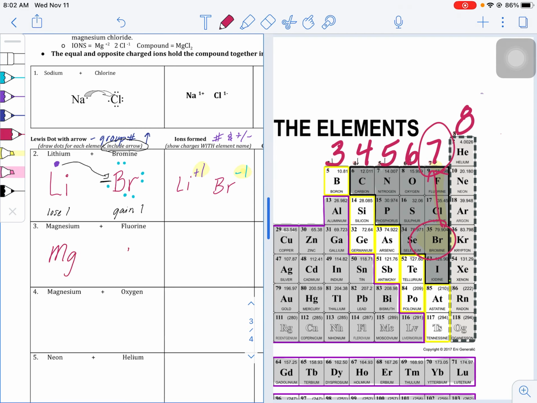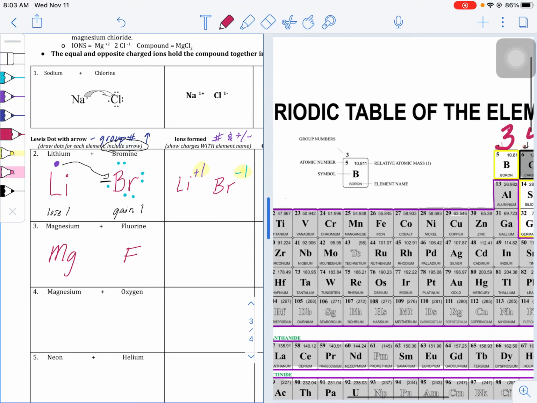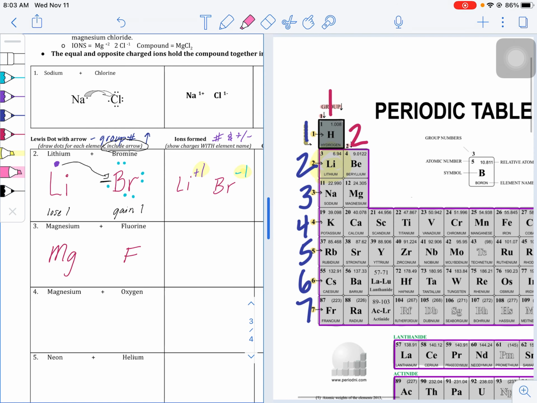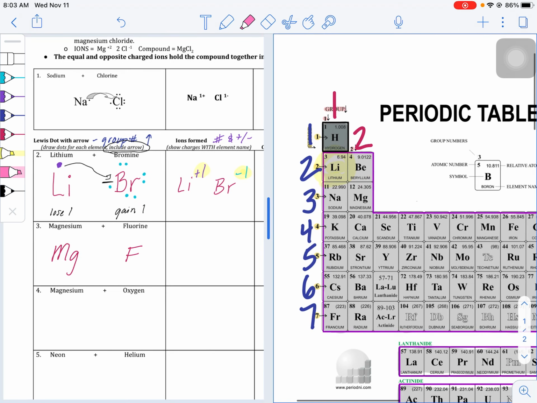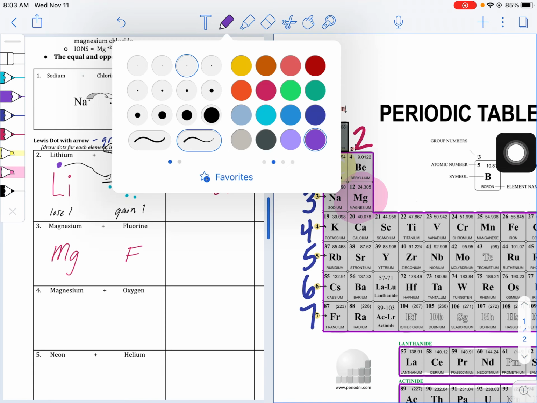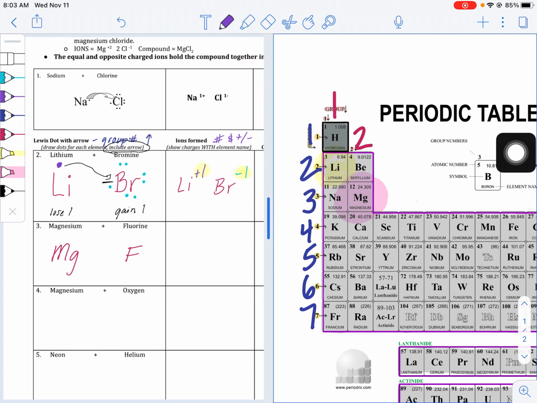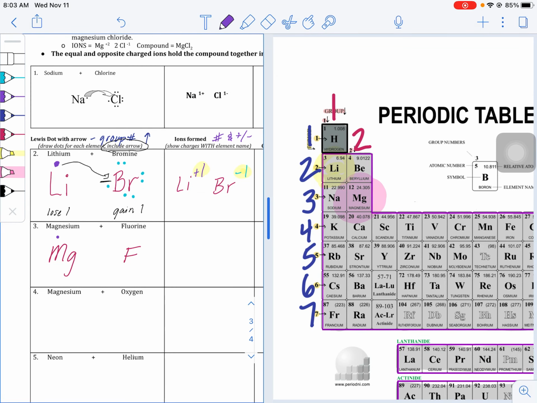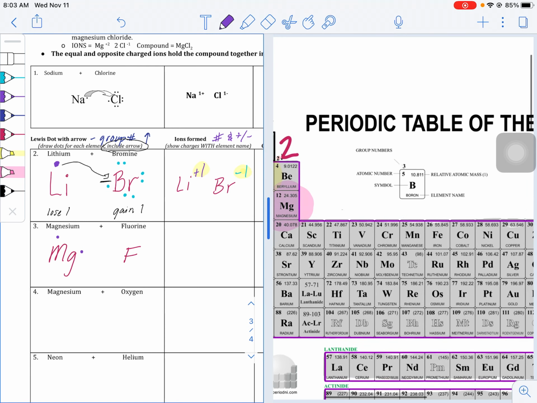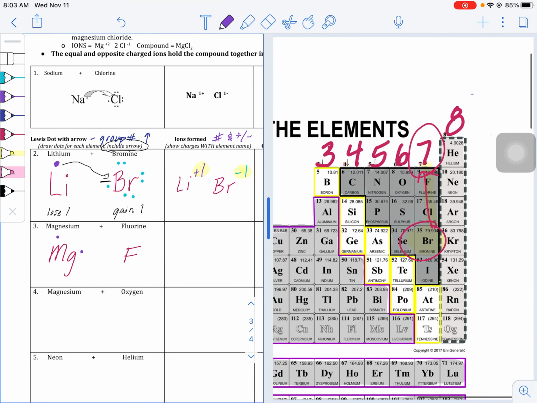Magnesium and fluorine. Okay, so magnesium over here. Looking at my group number, group 2, so that means 2 outer electrons. Starting at the top, working my way around, and then fluorine over here on this side.